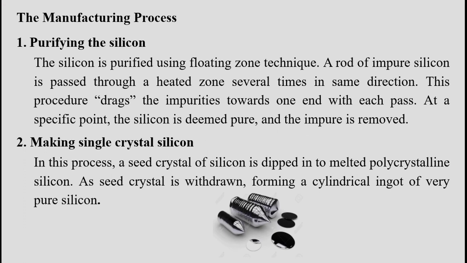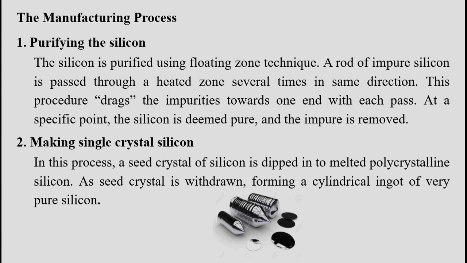Now for the second process of making a single crystal silicon, we use the Czochralski technique. It consists of a furnace, crystal pulling mechanism and control system, and also it contains a silicon dioxide tube.